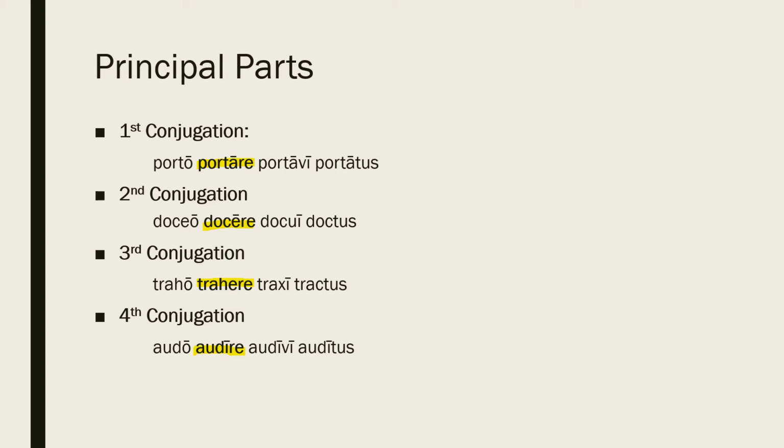Docere, trahere, audire. So it does several functions outside of its meaning and its use just as a word. But let's pull out the present active infinitive and compare it to the present passive infinitive and talk about that.